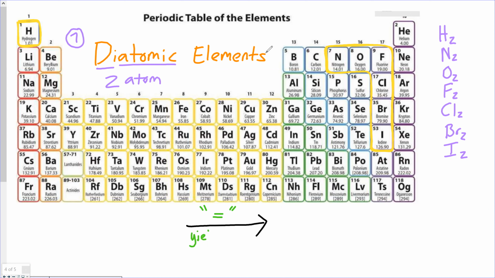Sometimes people will say yields, or they may say produces. It is essentially your equal sign for your equation. So that means we should have some stuff on either side. On the left side of our arrow, we're going to have reactants.